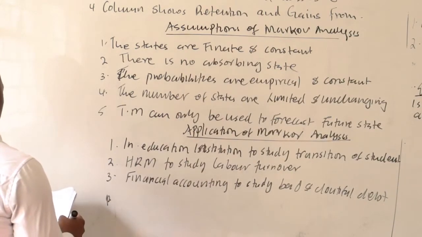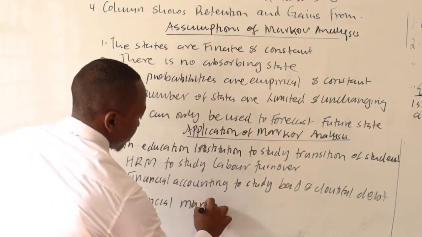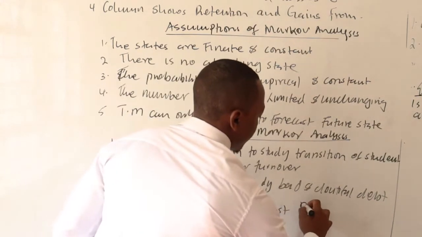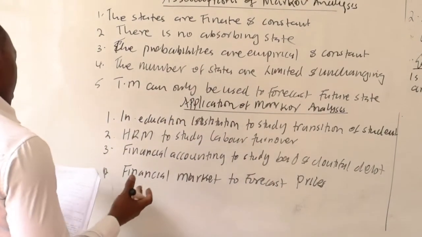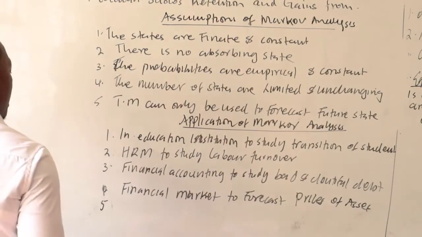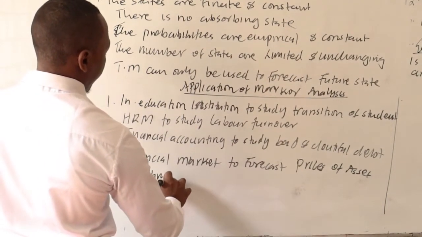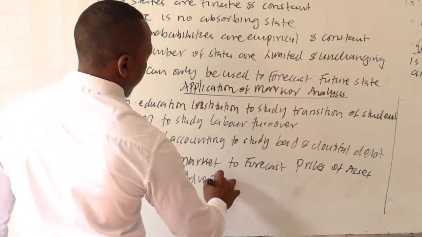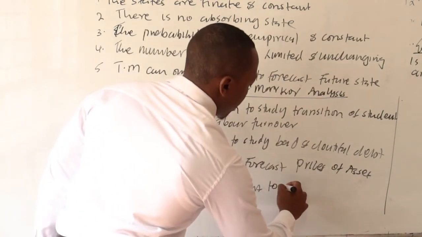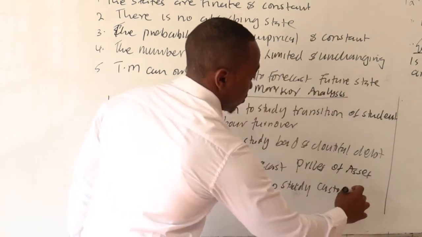And number 4, they are also used in financial markets to forecast prices. You can say prices of the shares, or prices of assets. Also, they are used in marketing and advertisement to study customer behaviors.